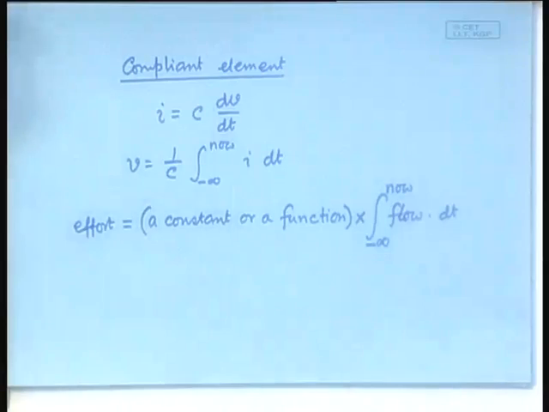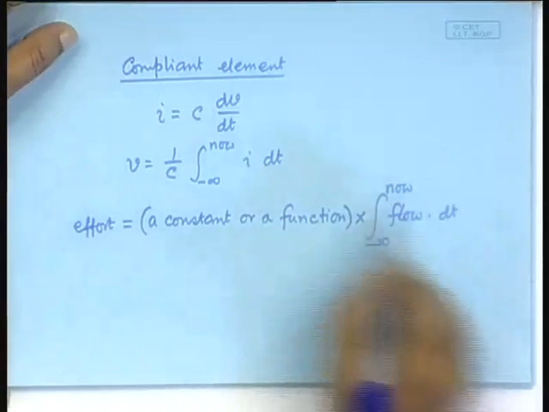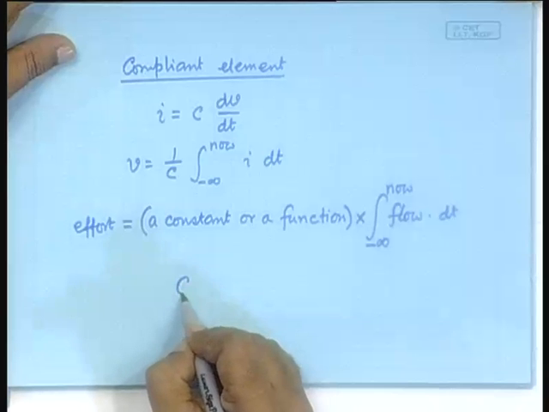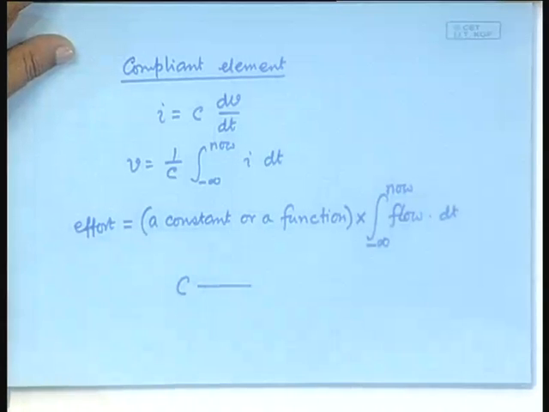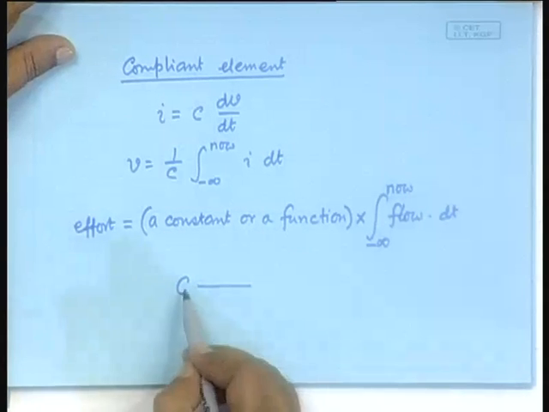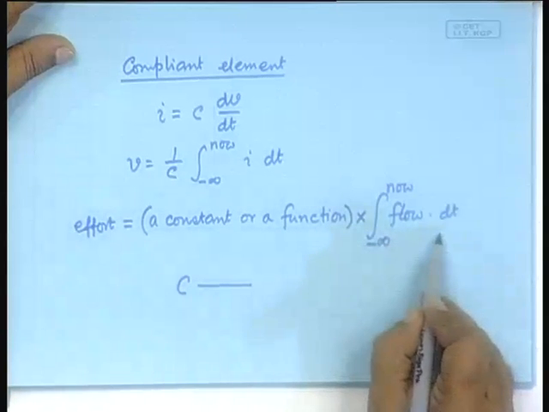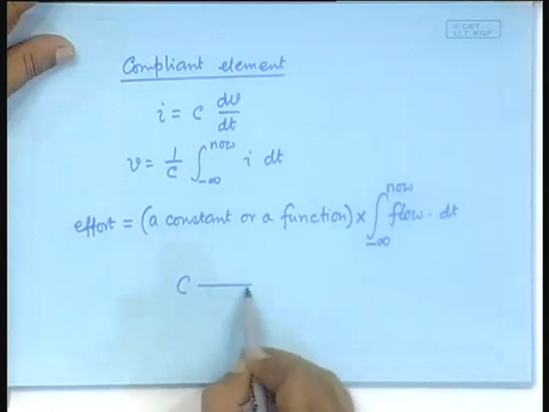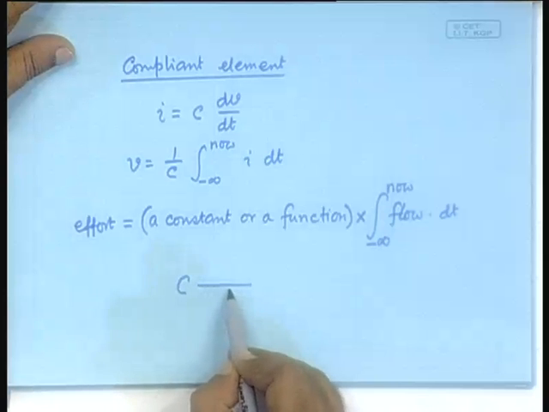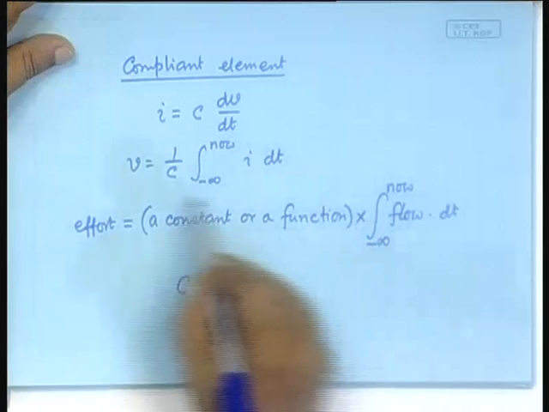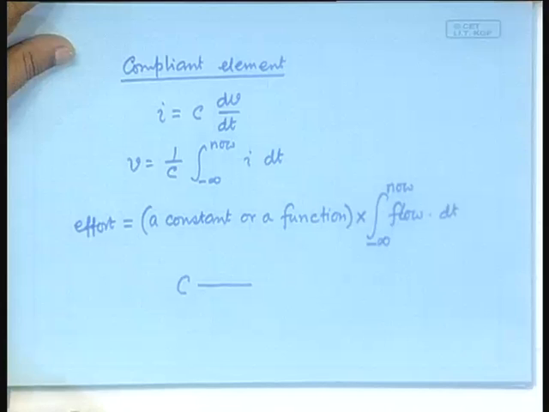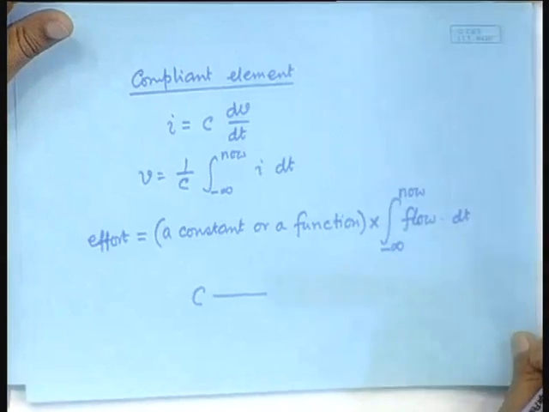But the moment we write it this way, you can easily understand it would be there in any domain. And whenever we have such a thing, we represent it as C with a bond. C is representative of the compliant element with this property. So, the bond will have the information about the flow and the effort satisfying this condition, and that will be connected to the rest of the system, the rest of the circuit.